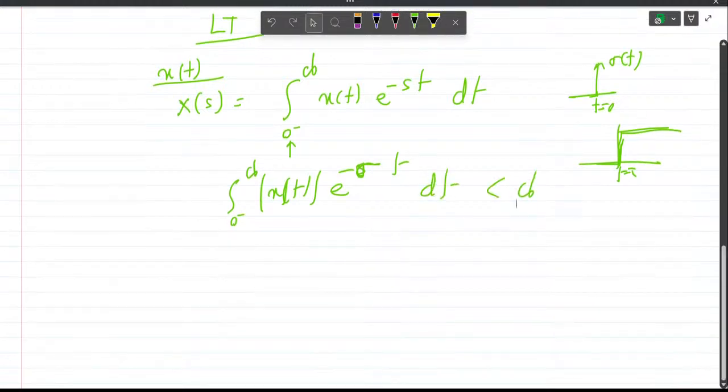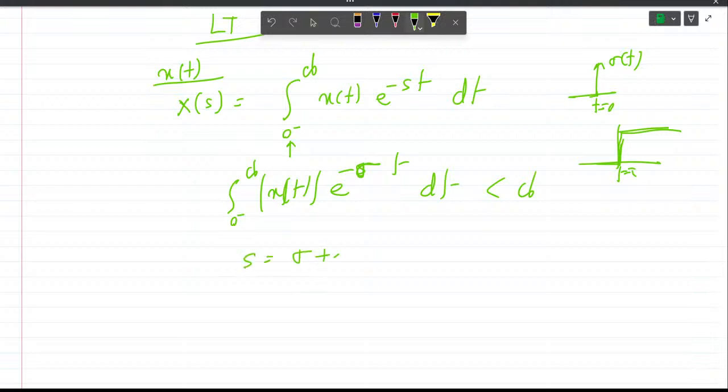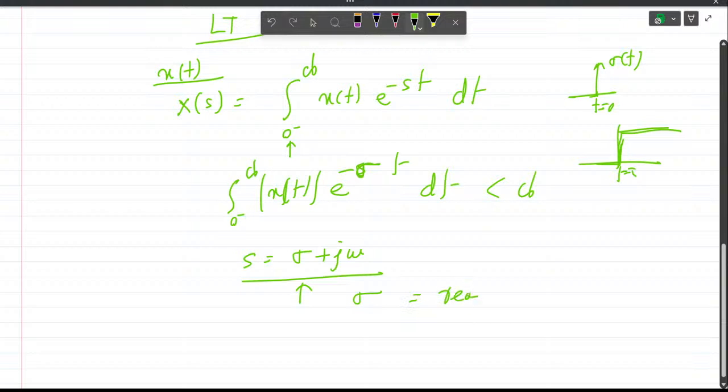What is this sigma? This s is called the complex frequency, sigma plus j omega. Sigma is called the real part of s. We'll see later the region for which this Laplace transform is valid.